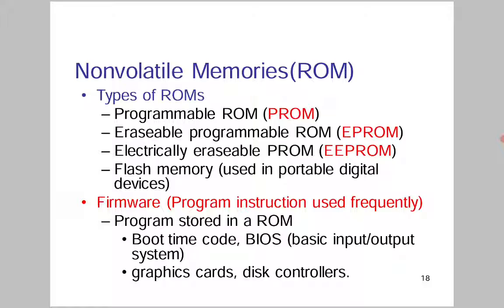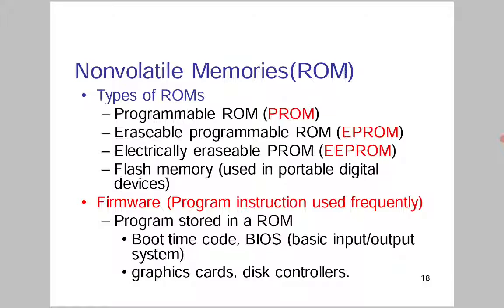Programmable ROM is called PROM, erasable programmable ROM is EPROM, electrically erasable programmable ROM is EEPROM, and flash memory is used in portable digital devices. Firmware means program instructions used frequently, stored in a ROM, such as boot time code, BIOS, graphic cards, disk cards.